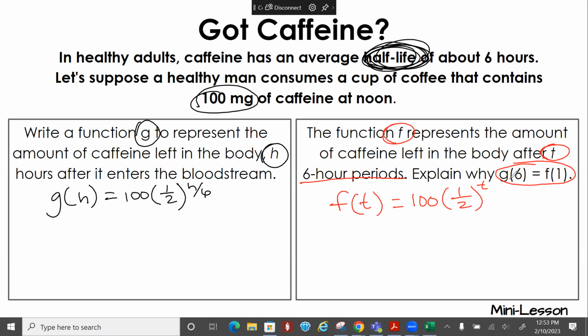We plug it into the H, because that's our variable in the function. So 6 divided by 6, what would that give you? What about over here? What is it asking us to plug in? When I plug in 1 here, that's just giving me 1. Aren't those equal? Because they represent the same thing. 1 half-life equals a 6-hour period.